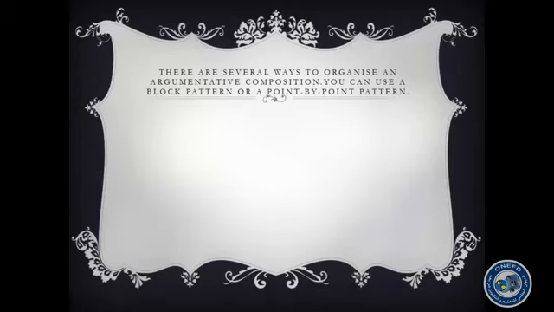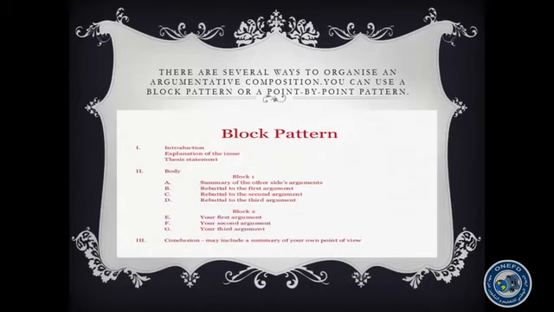I repeat, there are several ways to organize an argumentative composition. You can use a block pattern or a point-by-point pattern. So let's take a look at the block pattern another time. As you can see, the block pattern has the same organization: introduction, body, and conclusion. The difference is in the body.